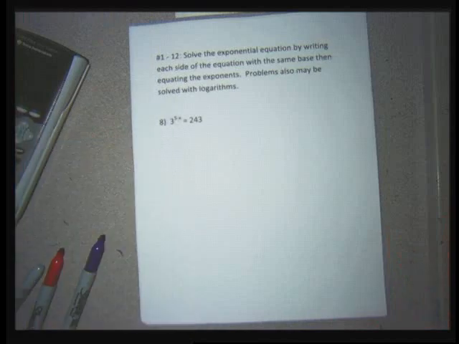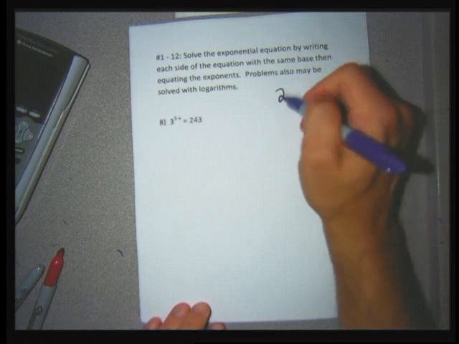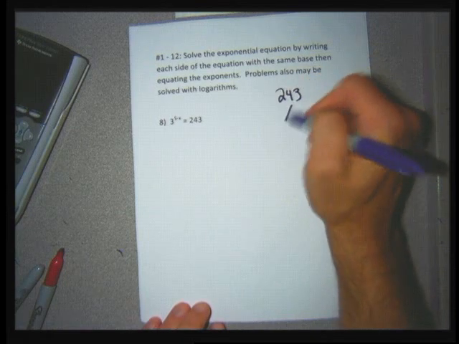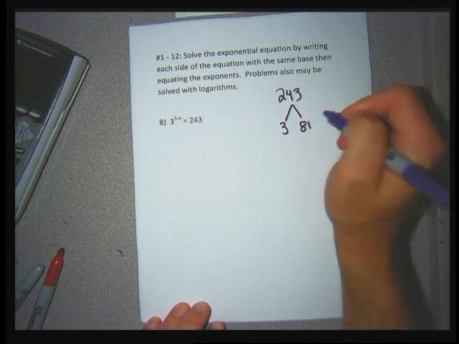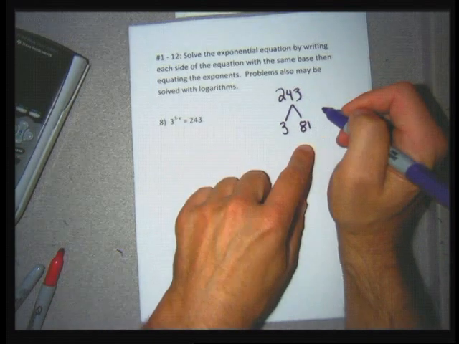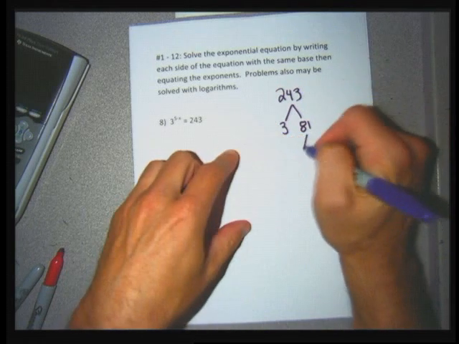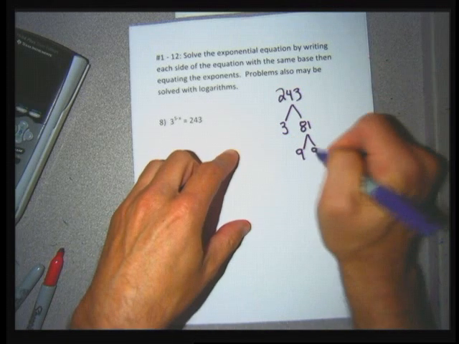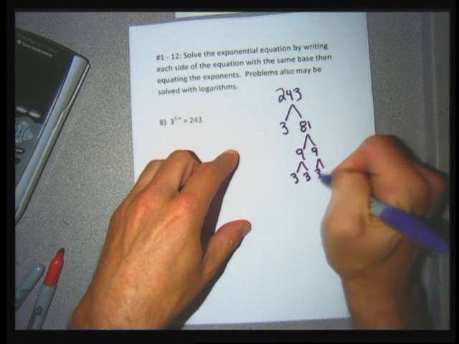So 8 is not hard to do with the bases because 243 is a power of 3. If I do a prime factor tree for 243, 243 is 3 times 81, because if you go 243 divided by 3, you'll get 81. 81 is 9 times 9. 9s are 3 times 3.